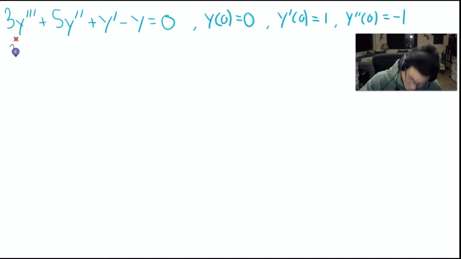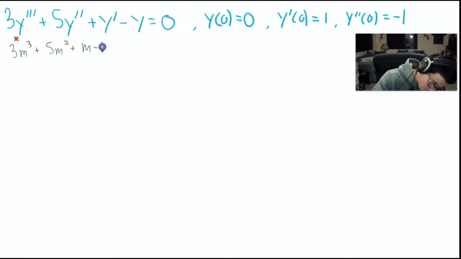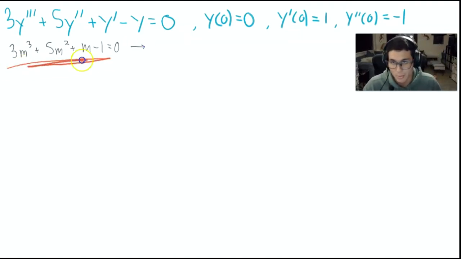So you write 3m^3 + 5m^2 + m - 1 = 0. Okay, well, let's rewrite this a little bit nicer. Let's rewrite this into something usable, because right now that's still not really usable.